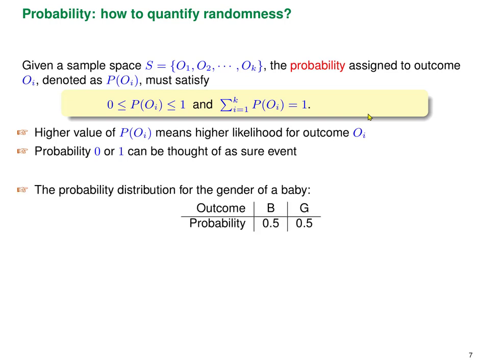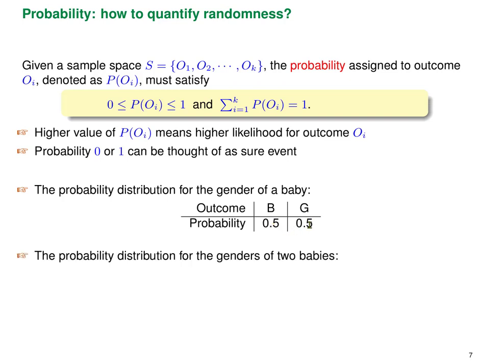To define a probability distribution, one needs to specify a table listing all possible outcomes in the sample space and the corresponding probabilities. For example, when my wife became pregnant, we estimated that the gender of the baby could be either a boy or a girl, each with the probability 0.5.